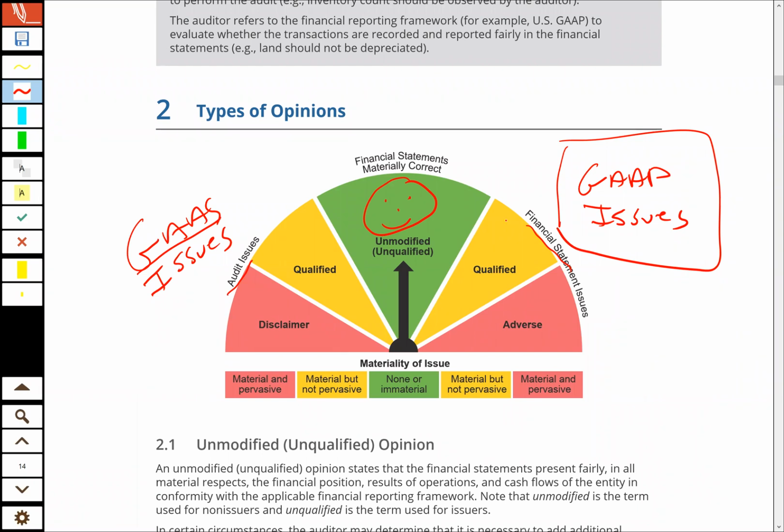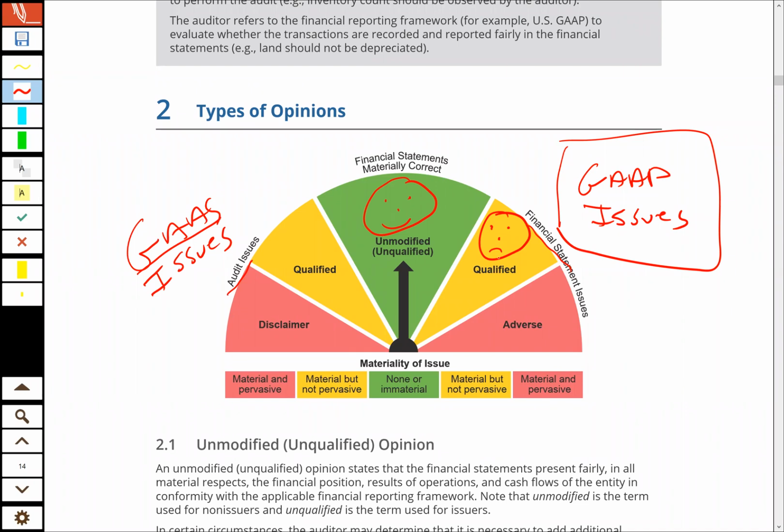So if we have a qualified opinion, now we're gonna put a sad face on this auditor, okay? Now this auditor is sad because there was something that generally accepted accounting principles said should be included in the financial reports, or it should have been presented, or there was a number that was incorrect in the financial statements that the auditor believes materially misstates the financial statements.